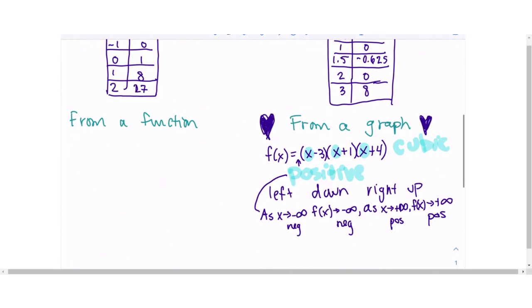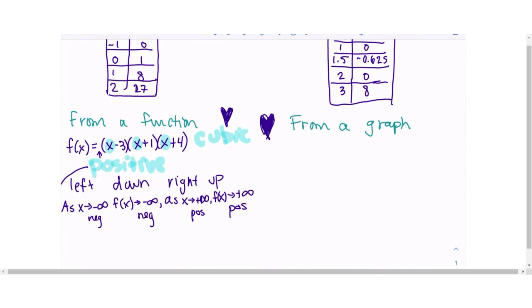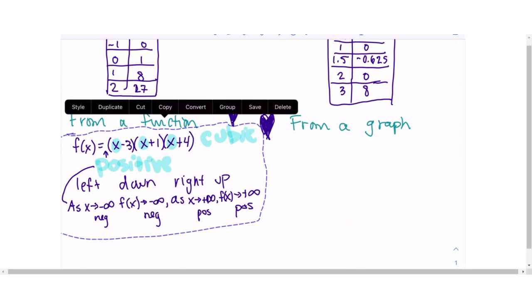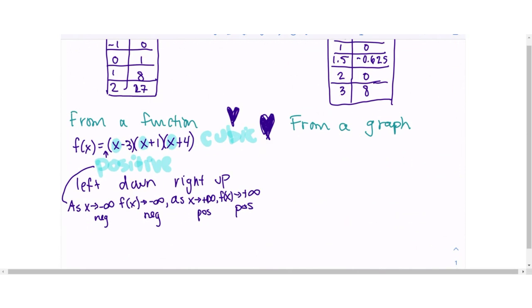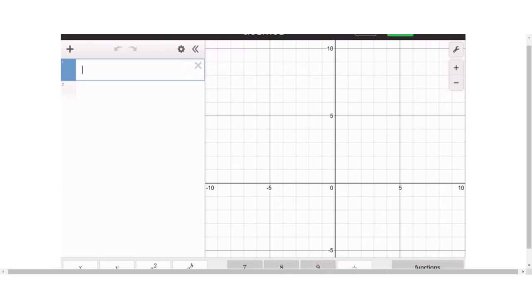I do want to switch this over because we're talking about the function. But if you want to see that, you can. So we have x subtract 3, x plus 4. So you go into Desmos and you can graph it.